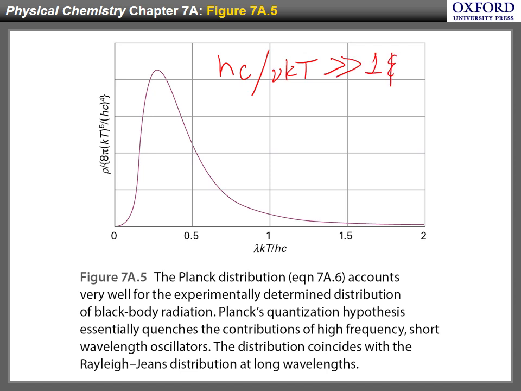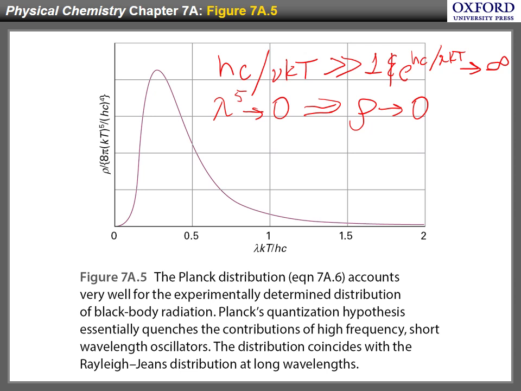And the exponent of hc over lambda kT, therefore, approaches infinity. It approaches infinity faster than lambda to the 5th power approaches 0. Therefore, rho also approaches 0.